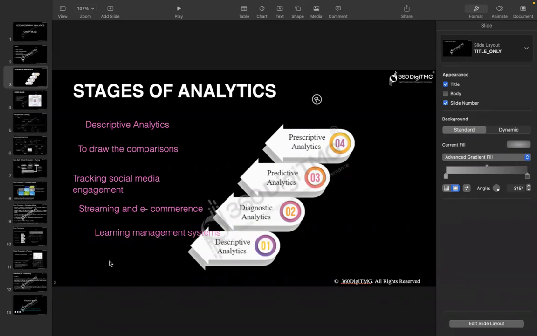So here we have use cases of descriptive analytics that are tracking social media engagement, streaming and e-commerce. Then we have learning management systems also. So how does descriptive analytics work actually?